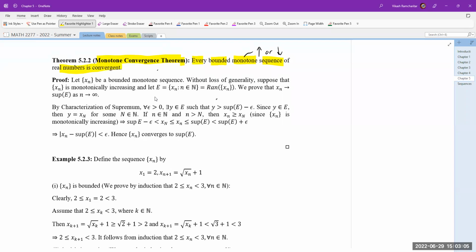So if we want to show a sequence is convergent using this theorem, what we need to do is show these two conditions: it is bounded and it is either increasing or decreasing.